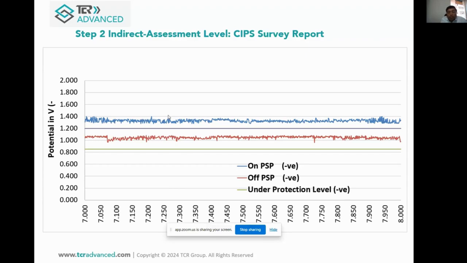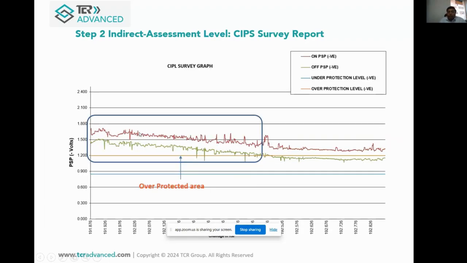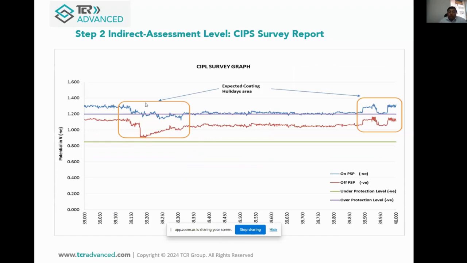Through these graphical representations, distance versus potential, the red line you can see is all under protection level. In this diagram, you can see the overprotected area, the potential going below minus 1200 millivolts. Then these are the expected coating holiday areas.